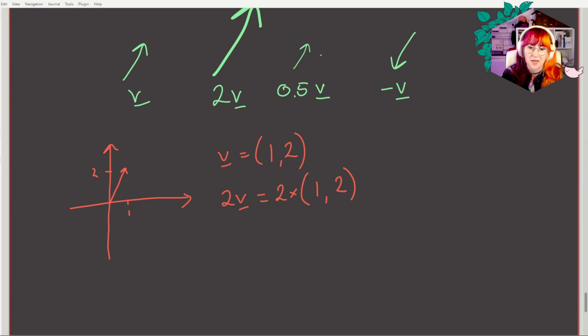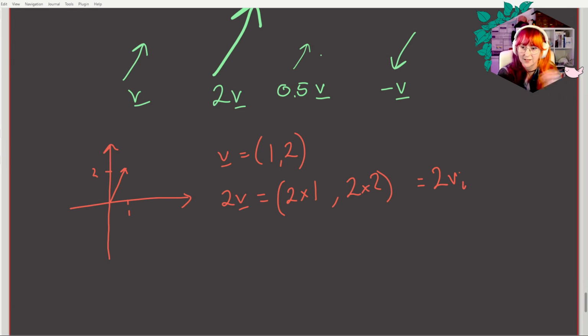I need to be careful here because this is not brackets as in BODMAS. A better way to write it would be to take it element-wise: 2 times 1 and 2 times 2. So you do each element individually. So this is 2vi. Every element gets multiplied by 2. 2 times 1 is 2, and 2 times 2 is 4.